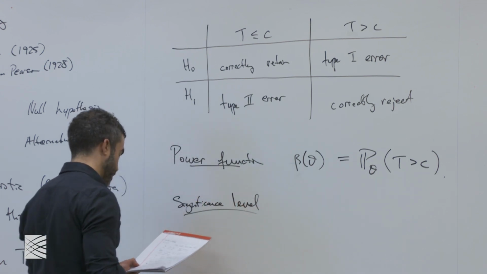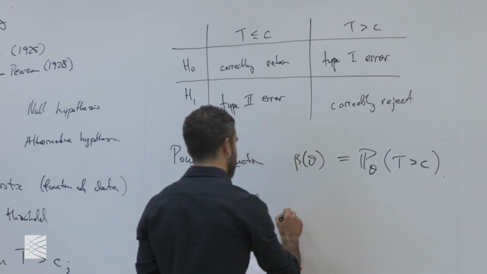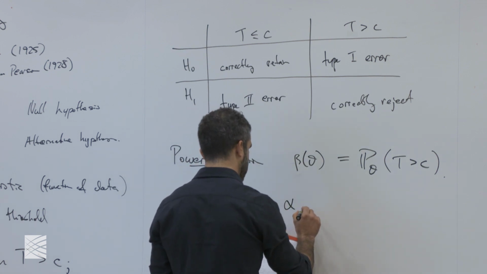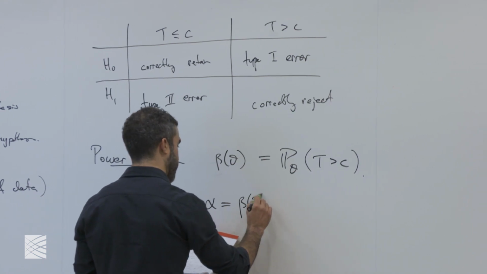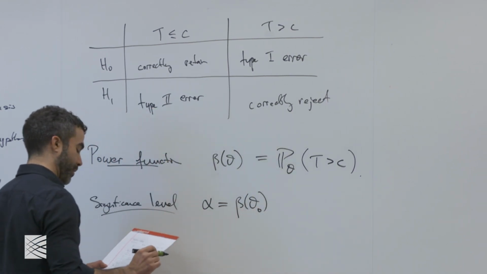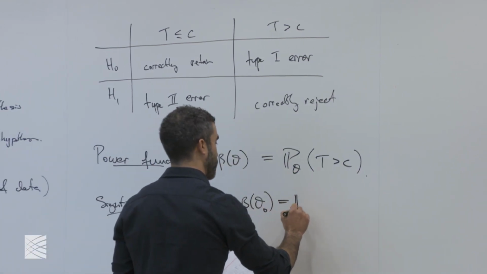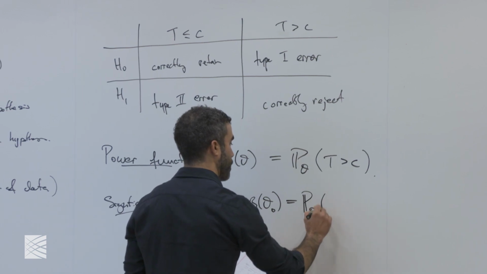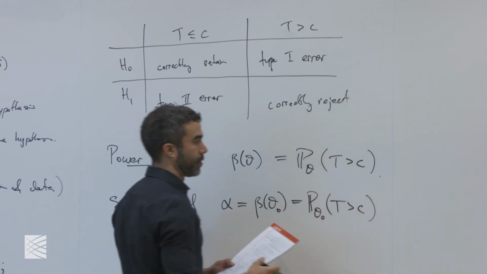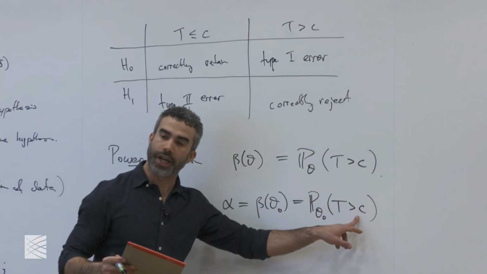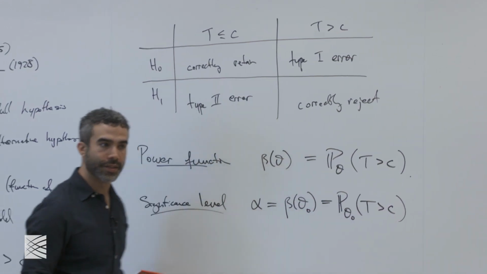The significance level of the test is the value of the power function at the null hypothesis, at the null value of the parameter. So this is the probability under the null that we, in this case, falsely reject the null hypothesis.